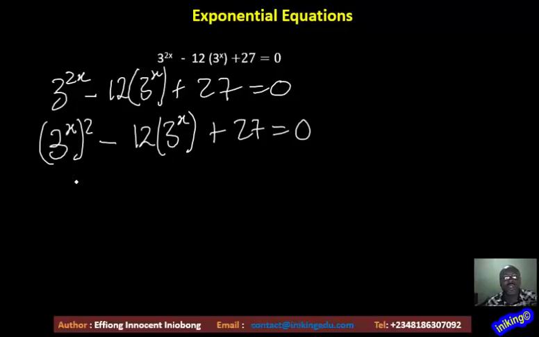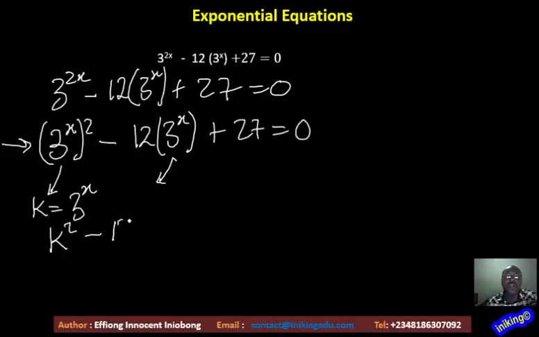Now that I've arrived at this point, I simply find something to replace my 3 raised to the power x. And I say, okay, let me use something like k. If I let k replace 3 raised to the power x, it means that the second line can be written as k squared, in place of 3 raised to the power x, minus 12k plus 27 equal to 0.